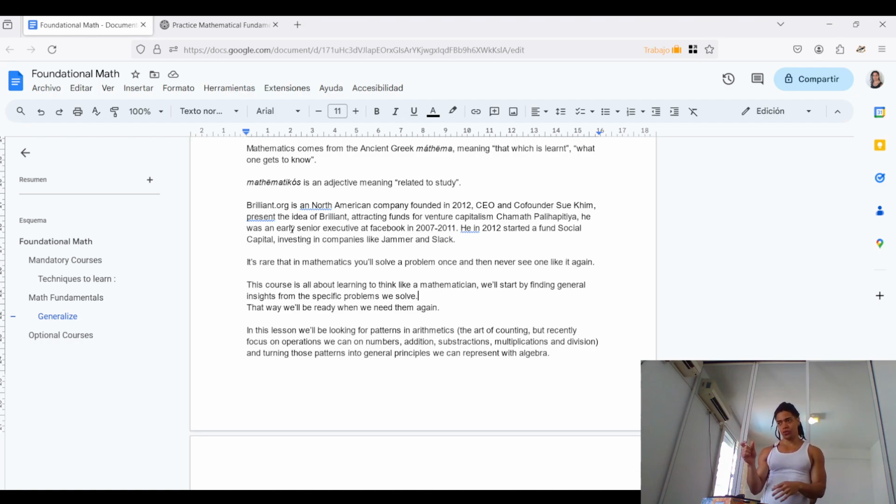So it is rare that what one gets to know to solve a problem, you do once and never see one like it again. And this is something beautiful in mathematics.